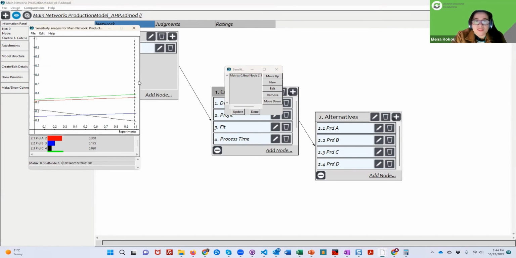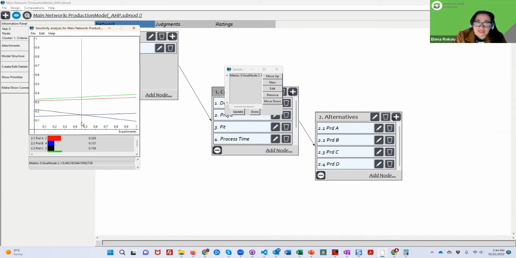No matter what your preference on profit, product D will always be better. Product A will always be slightly less good than product D. However, the priorities of your products B and C will change. The more you care about profit, the more product B becomes a better solution with respect to product C.